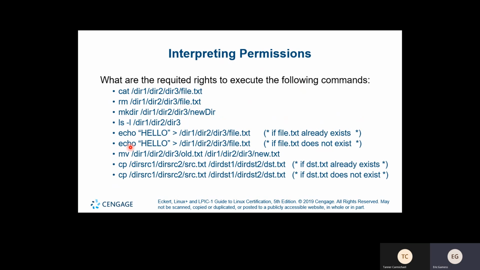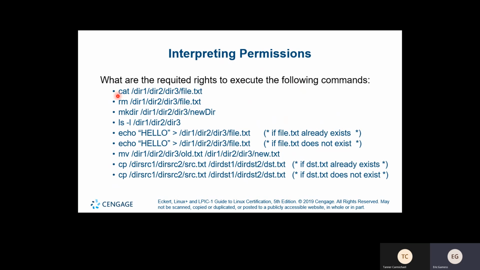So let's say that I have a directory that is called D1. Inside the directory D1, I have a subdirectory that is called dir2. Inside dir2, I have another subdirectory that is called dir3. And inside dir3, I have a file that is called file.txt.